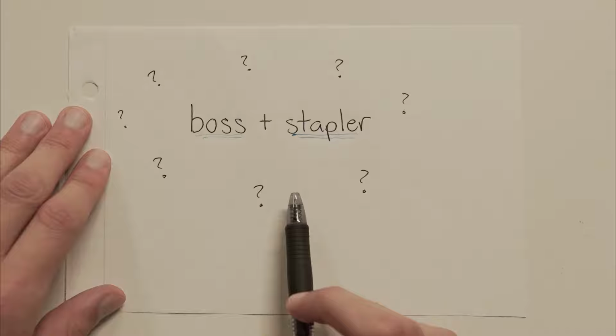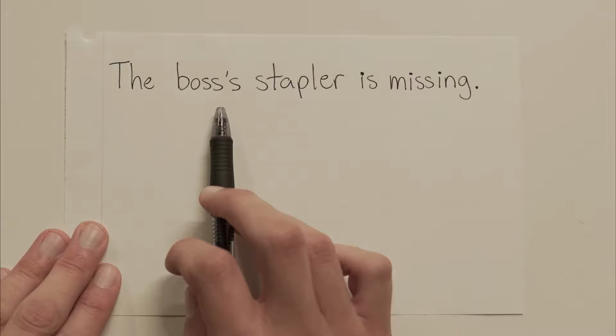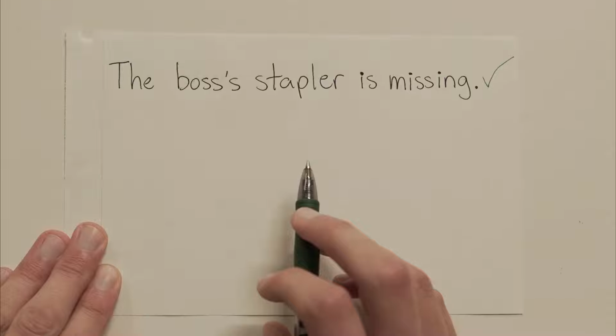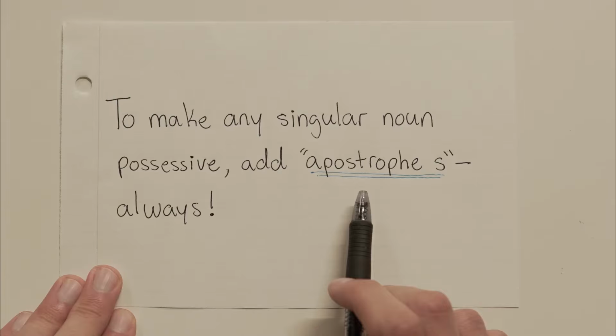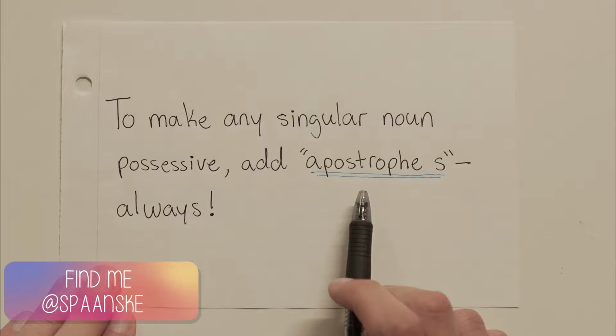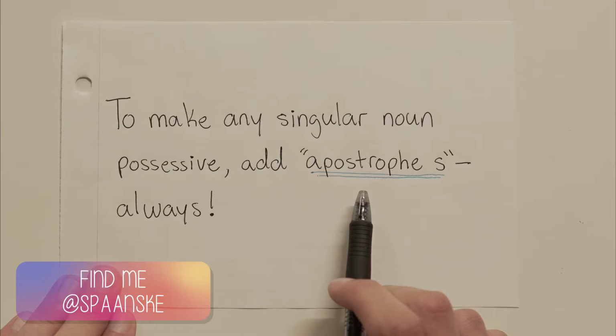So your sentence would in fact say, the boss's stapler is missing. B-O-S-S apostrophe S. It doesn't matter if the word boss already has an S on it. If it is a singular noun, you always add apostrophe S to make it possessive.